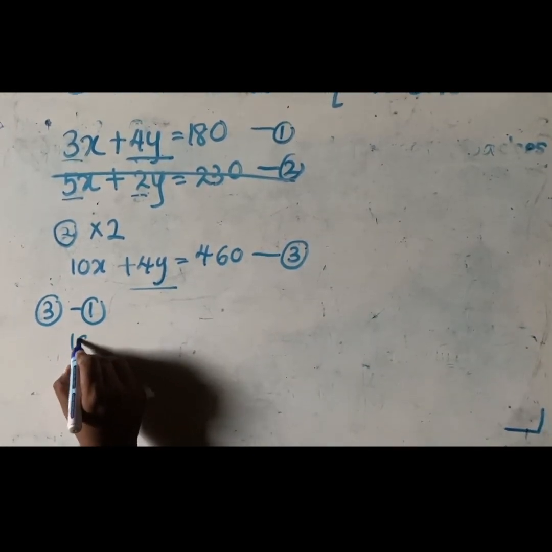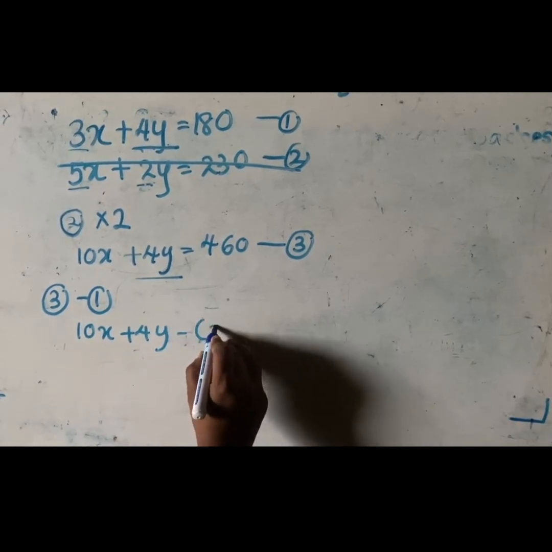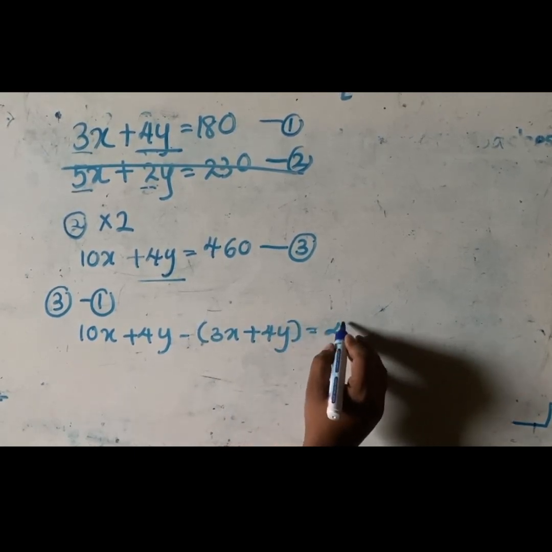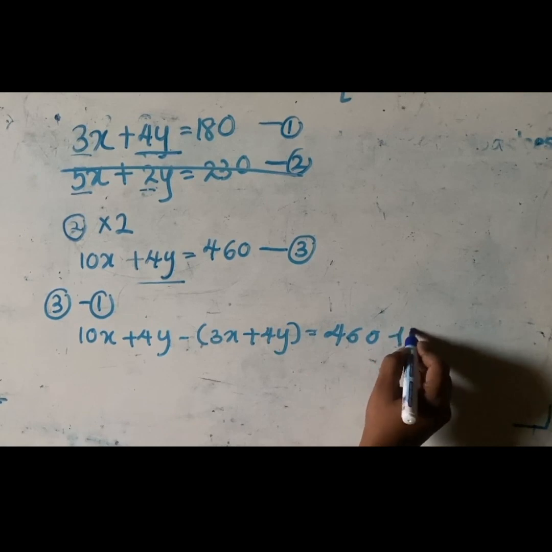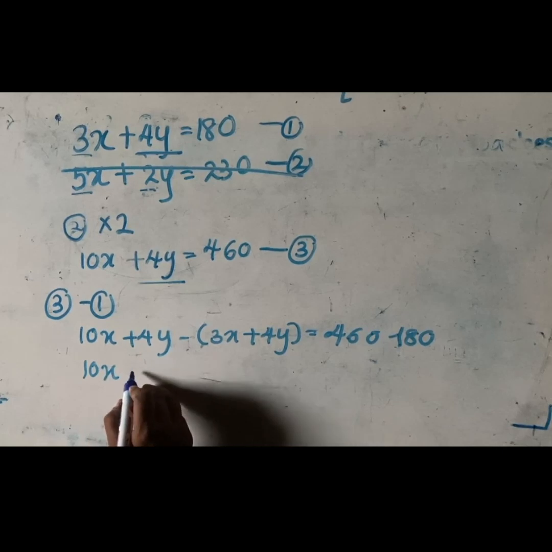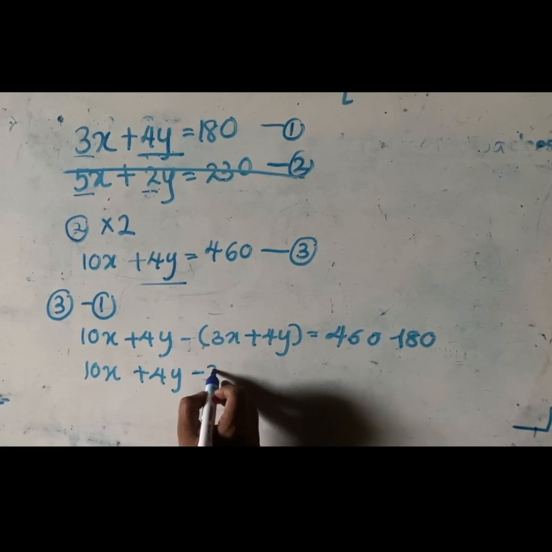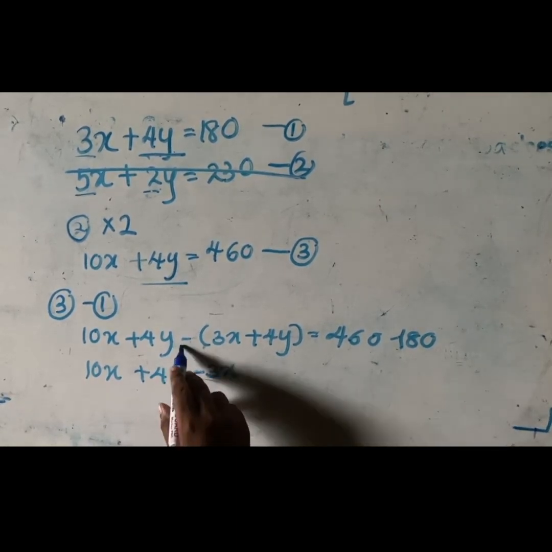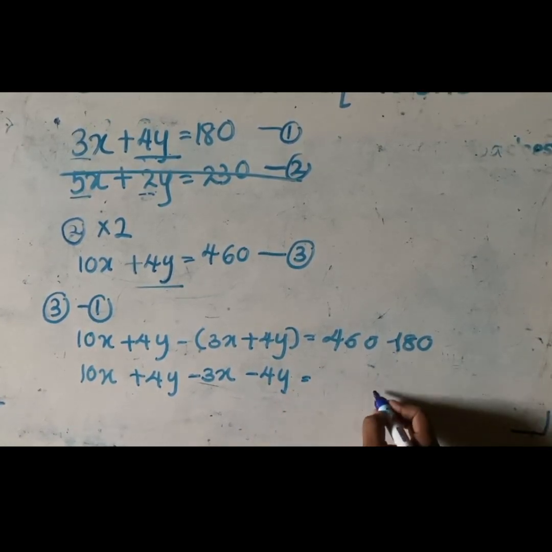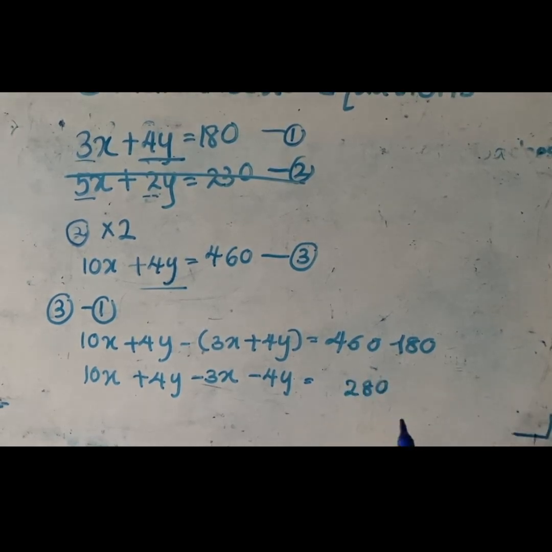Then 10x plus 4y subtract 3x plus 4y, and 460 subtract 180. 10x plus 4y, negative into positive, negative 3x, negative into positive, negative 4y. We are going to subtract: 0, 280.